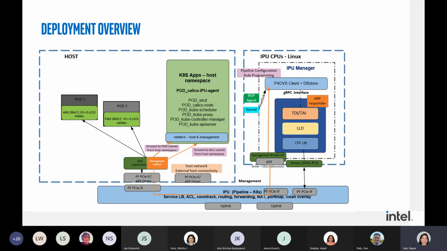So all the calls that are being terminated at the agent are stored in a mini database for state maintenance, and then forwarded to IPU manager, which sits on the IPU CPU cores.